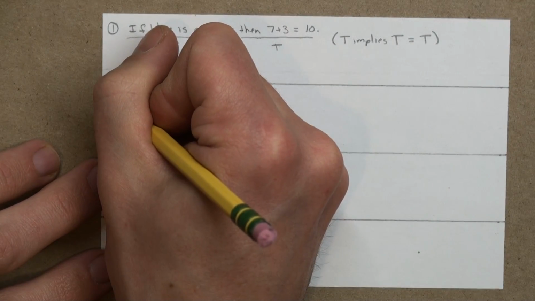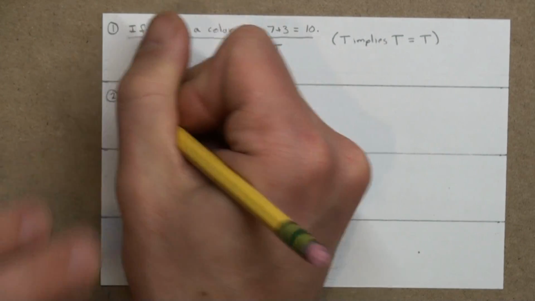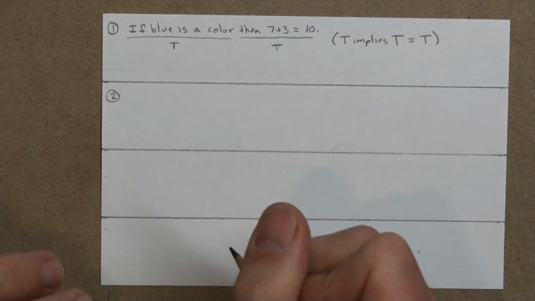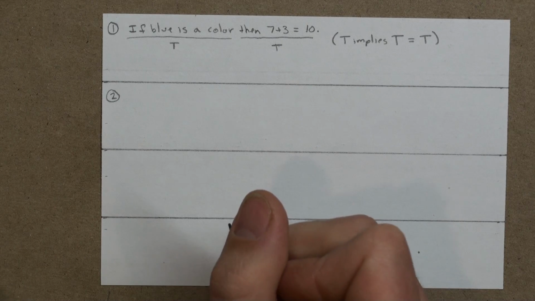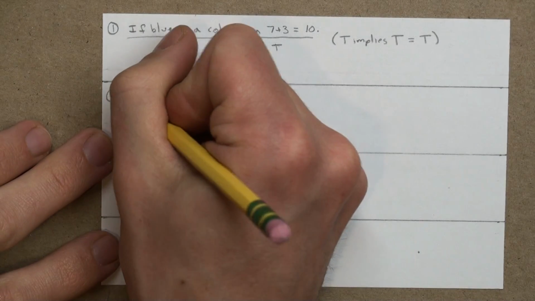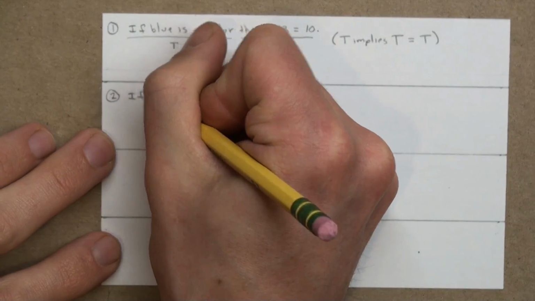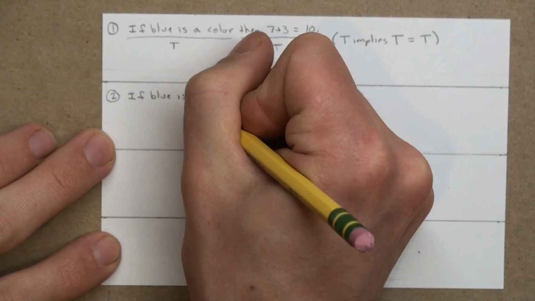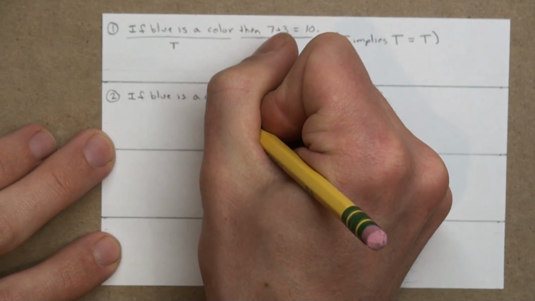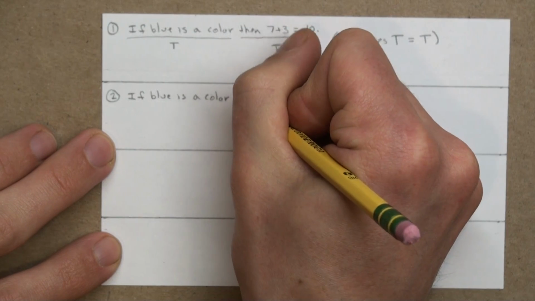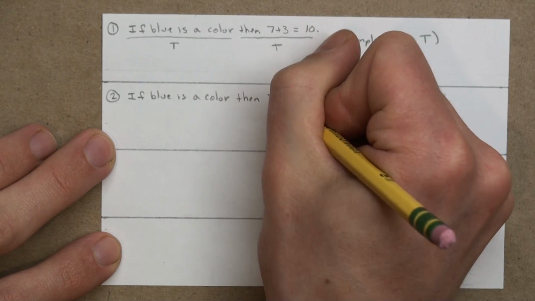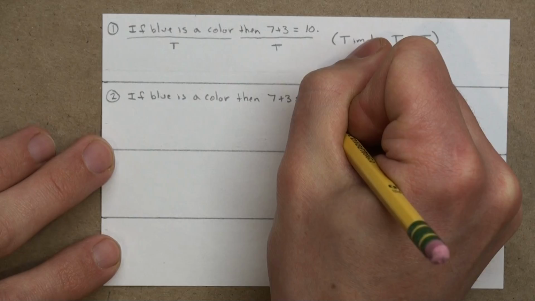So for the second one, we could say, if blue is a color, then 7 plus 3 equals 11.